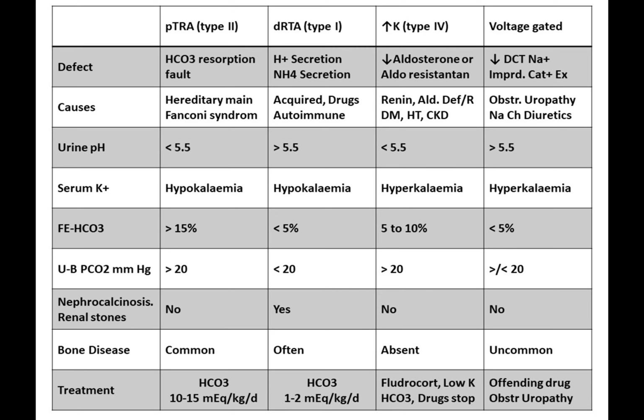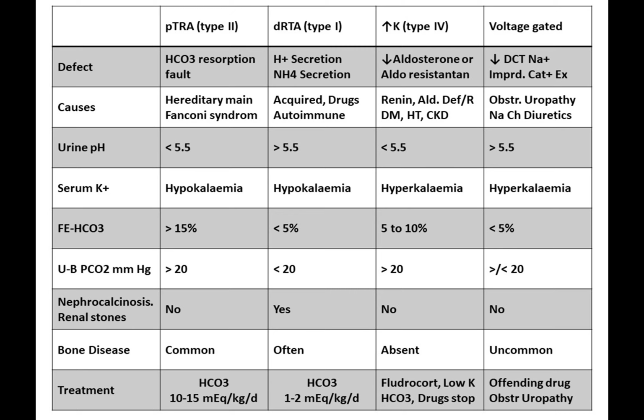And hyperkalemia with the type 4 it is 5 to 10%. Urine, blood, carbon dioxide, more than 20, just like it goes with the bicarbonate excretion, and this is less, this is again more there, this is maybe this way or that way.